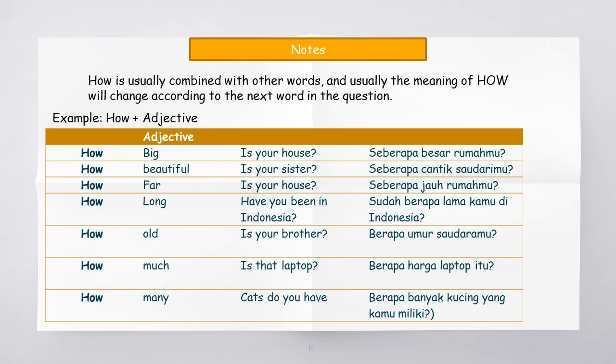This is the example: How big is your house? How beautiful is your sister? From the two sentences, we can see the difference in their meaning, and you can see other explanations there.